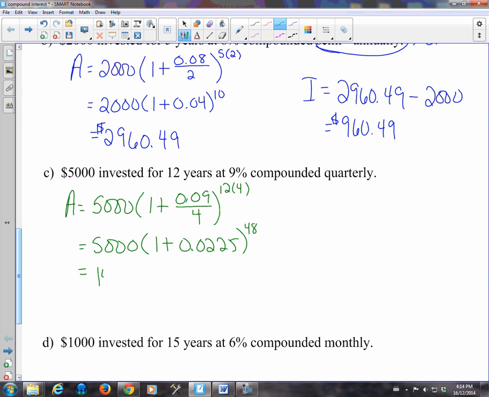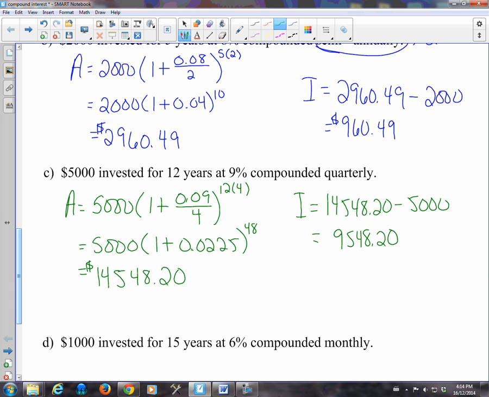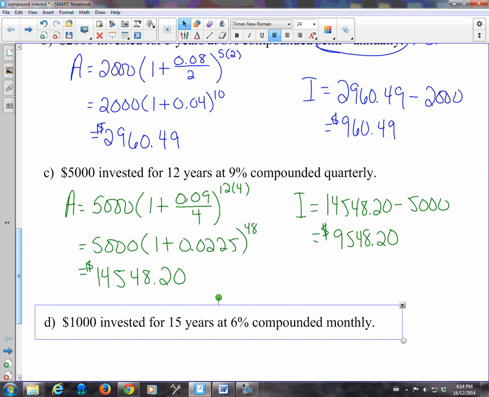So we would have $14,548.20. So that's the amount accumulated. The interest earned would be that amount minus the principal we started with. So we have got $9,548.20 in interest over the 12 years.